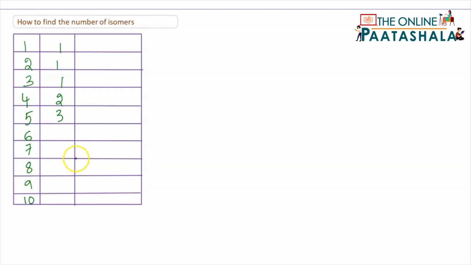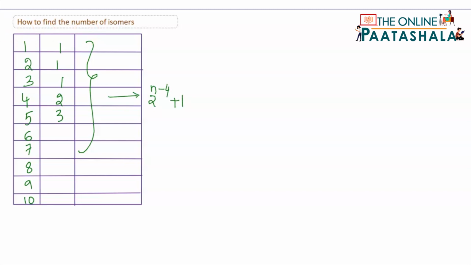How do you get the number of isomers for all these structures? For everything up to 7, the simple trick formula is 2 to the power of n minus 4, plus 1.